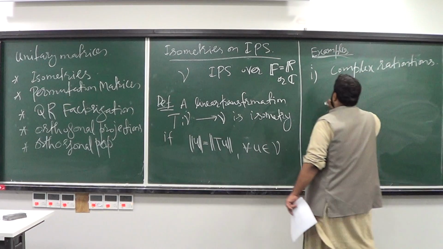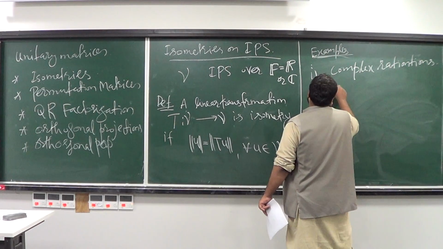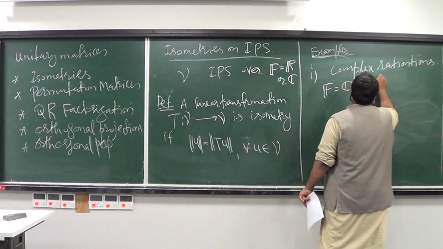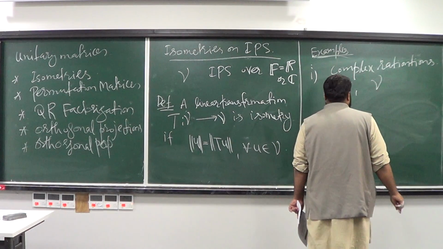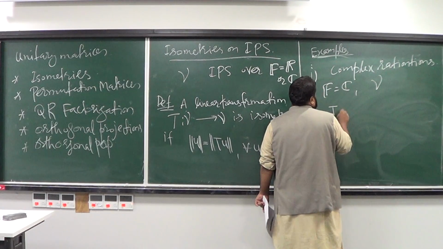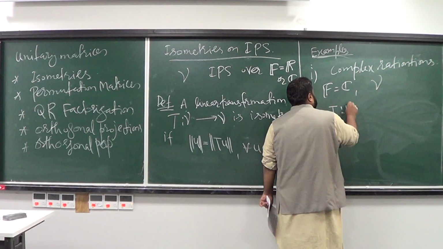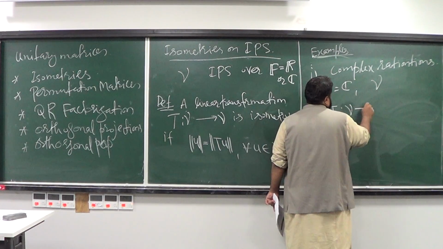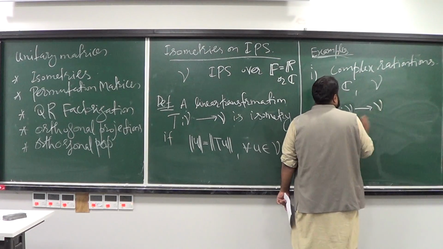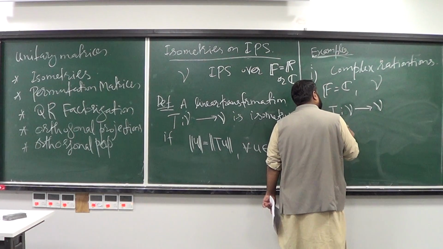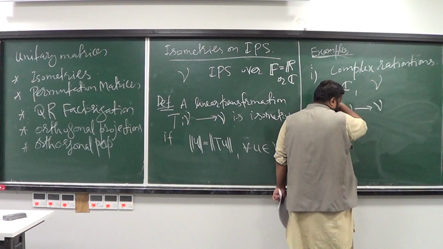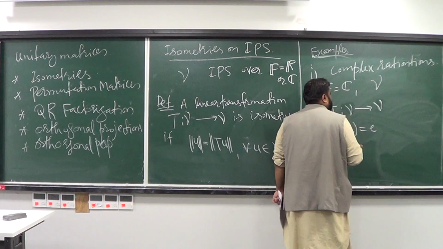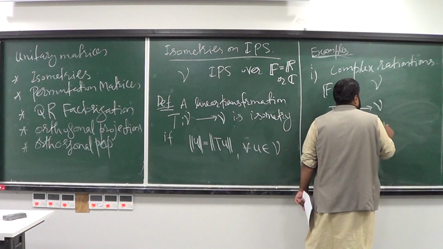If I take the field to be the space of complex numbers and V to be an inner product space, then we define T as a map from V into V that swallows a vector u from the complex inner product space and spits out a vector e to the iota theta u actually.